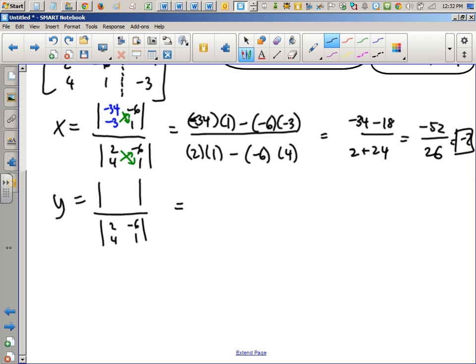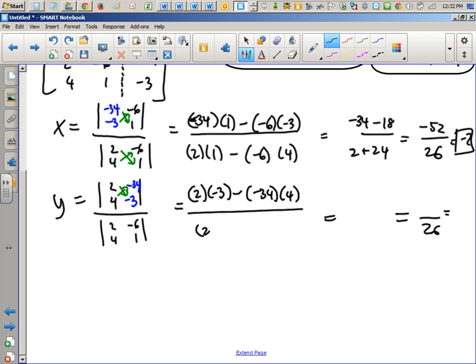So this is just going to end up being 26 on the bottom again. But the top's a little different. This time we have the negative 34 and the negative 3 here. See? So your cross multiplying looks a little different on the top. So we have 2 times negative 3 minus negative 34 times 4.